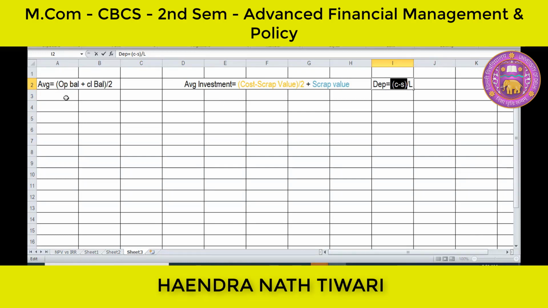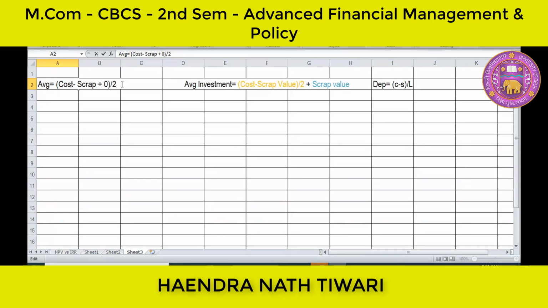So opening balance is cost minus scrap value, and the closing balance is 0 because now the asset is fully depreciated except scrap value component. So the closing balance seems to be 0.